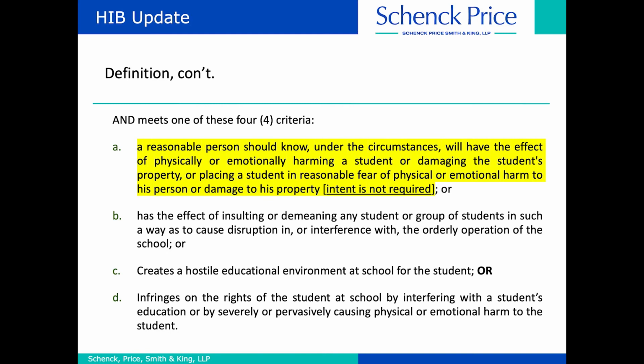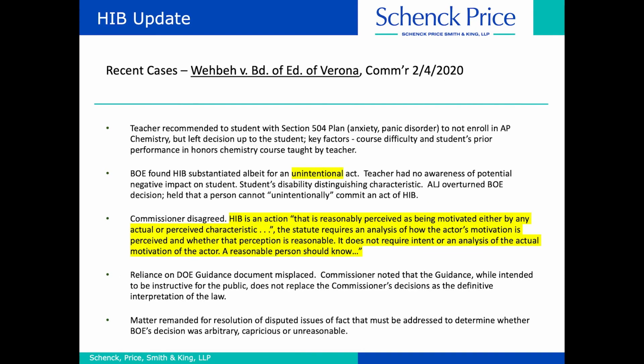And this is a big issue because, quite frankly, there's cases out there that talk about unintentional consequences, and it has to be within a reasonable person's standard. So this was a big deal, particularly in this one. This case involved a teacher's recommendation to a student with a 504 plan.